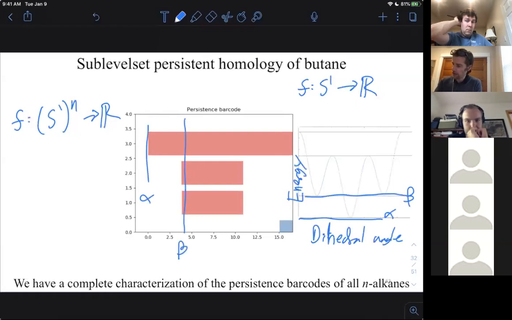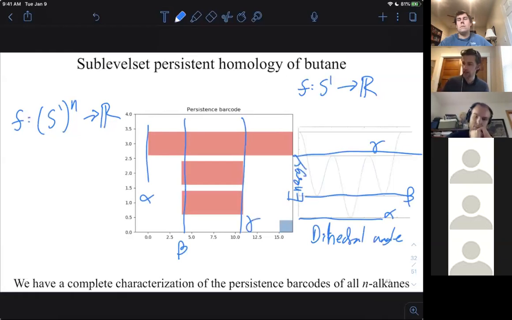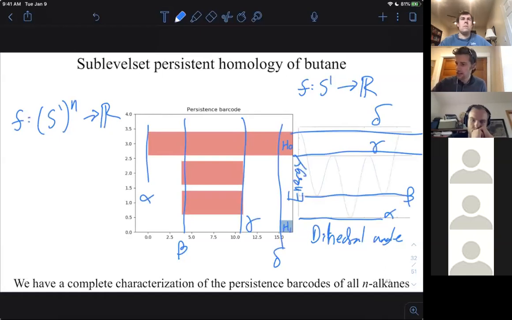And then if this is gamma, that's the death of those local minima. So I'm back up to 1 connected component in the sublevel set. And then once I get to delta, I get the full circle in my sublevel set. And the circle has 1 connected component and one-dimensional hole. Questions?